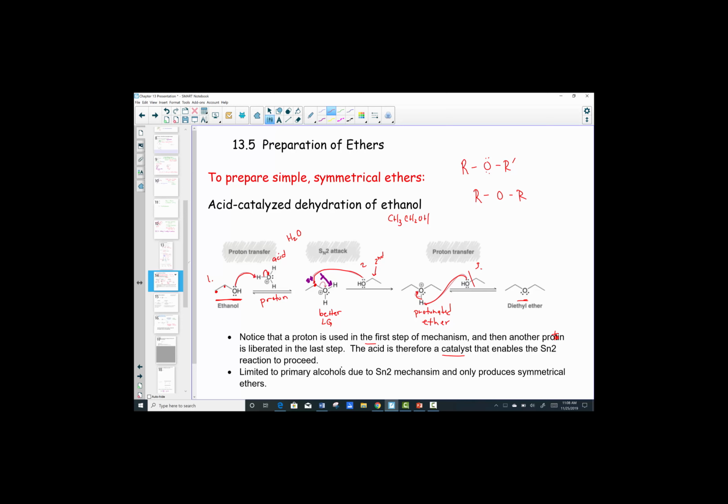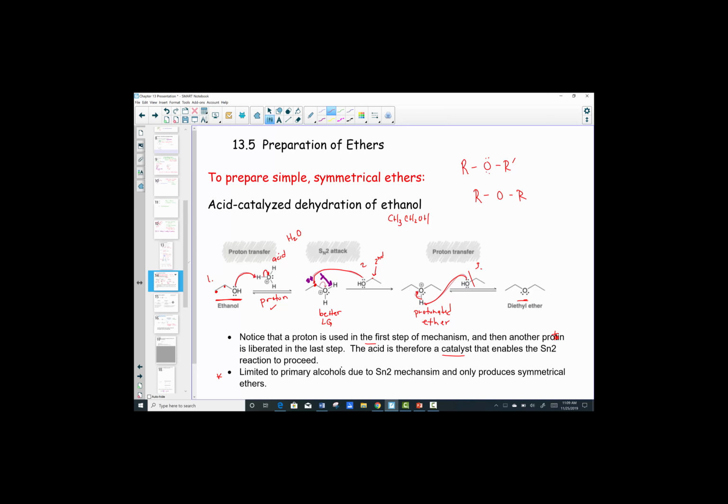Just remember that an acid catalyst must be used and then regenerated in the last step so that the reaction can continue. Now, this is very limited because it's only going to be able to produce symmetrical ethers because it's the same alcohol over and over again that gets used in the reaction's next step. And so the only opportunity is to create symmetrical small ethers.